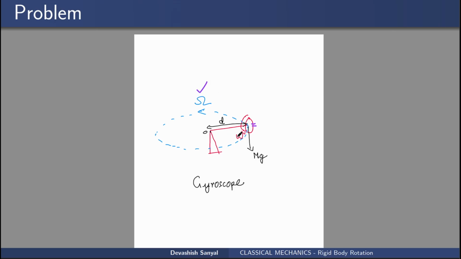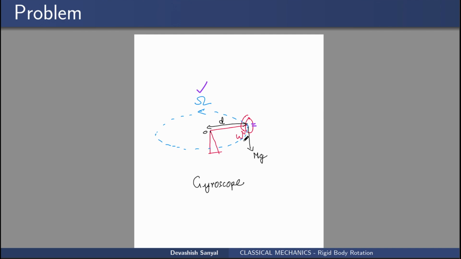So this is the precession motion. This is the axis of rotation, and the axis of rotation will also rotate about this point O. So we have to find the relation between the small omega and the capital omega.